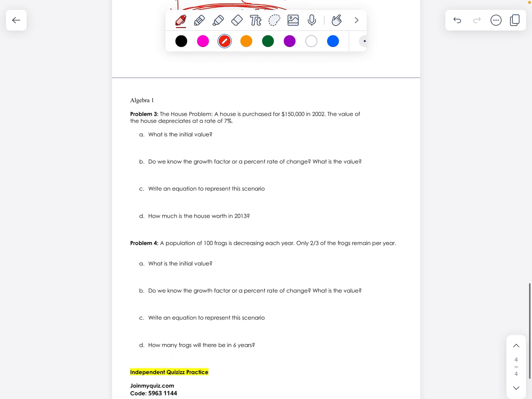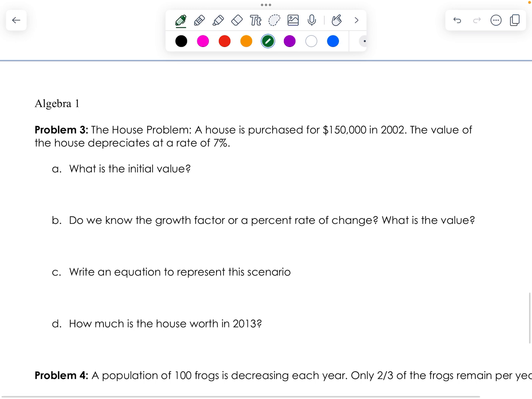All right, 2 more, and then you guys can do your independent practice here. So problem number 3 says that a house is purchased for $150,000 in 2002. The value of the house depreciates at a rate of 7%. This is no longer accurate with our housing market, but we'll go with it.